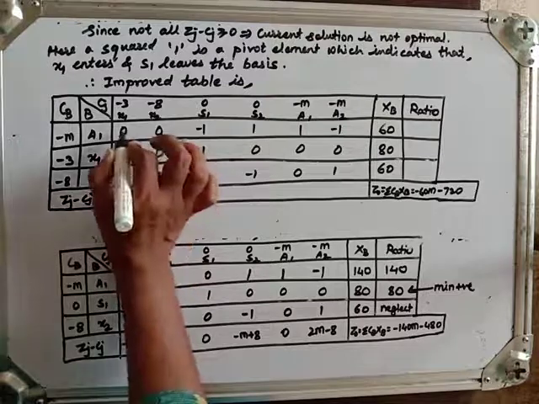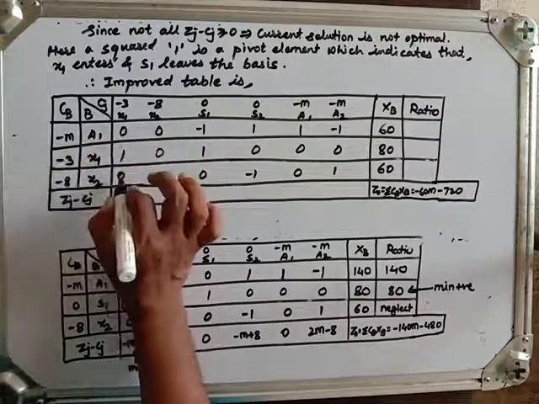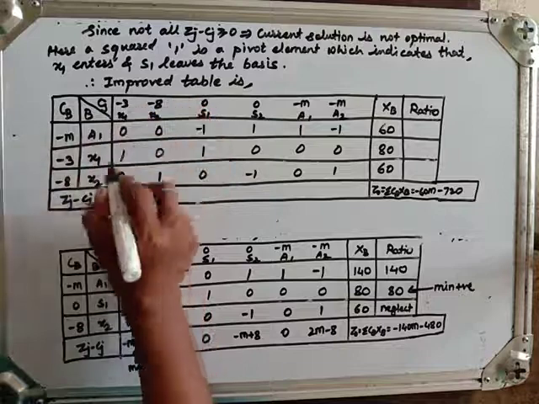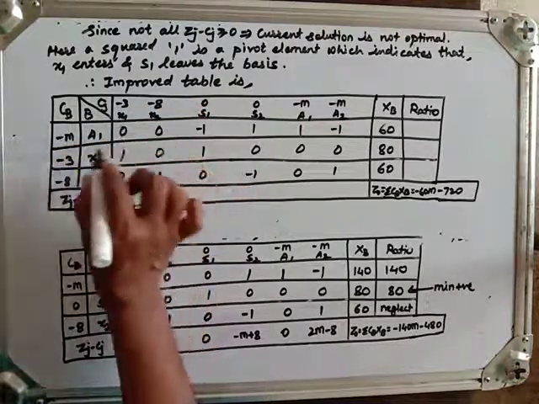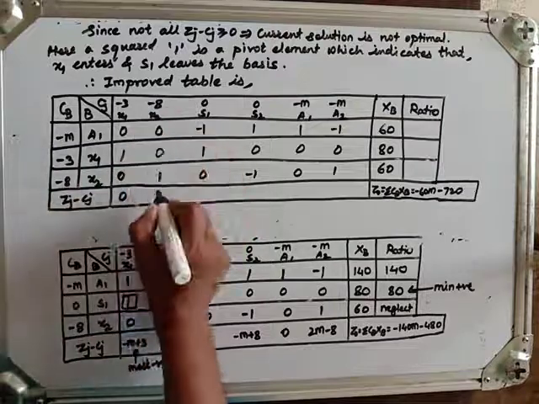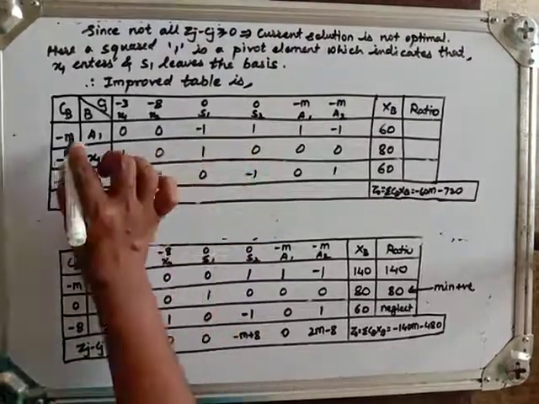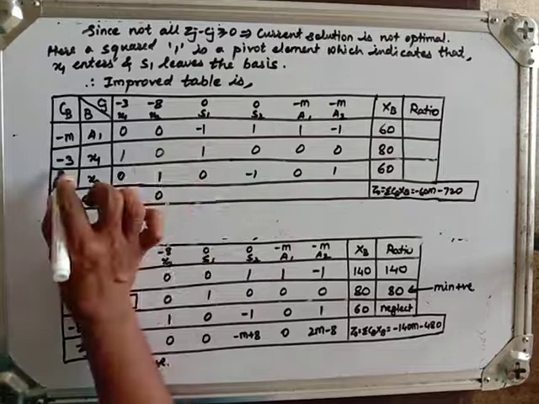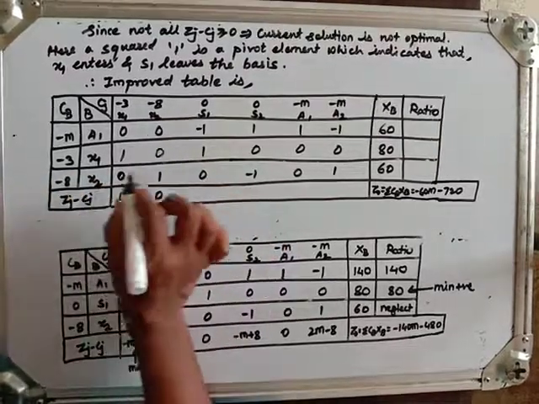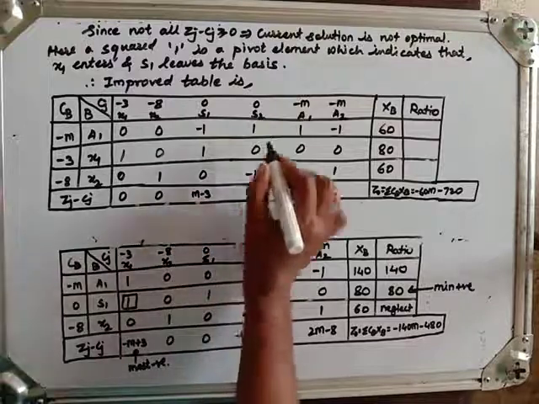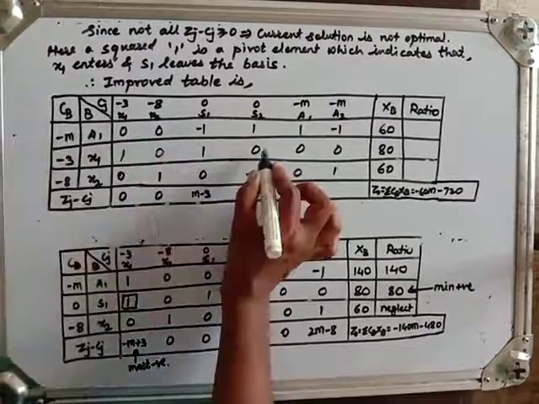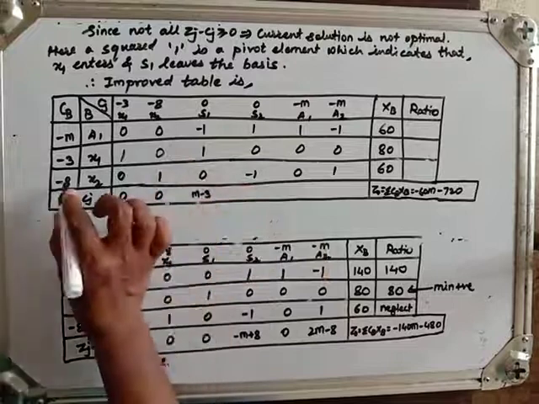So let us check here what are Zj minus Cj. This is 0 minus 3, 0 minus minus plus 3. So that will become 0. Here also 0, 0 minus 8 minus minus plus 8. So that is 0. This is m minus 3, 0 minus 0. So it will be m minus 3. So this is positive. Now this is minus m 0 plus 8.